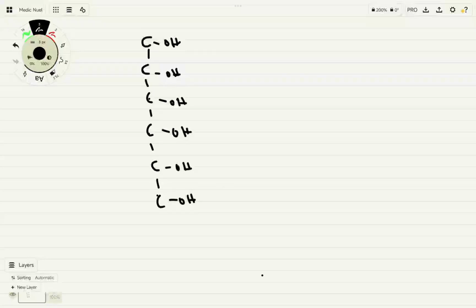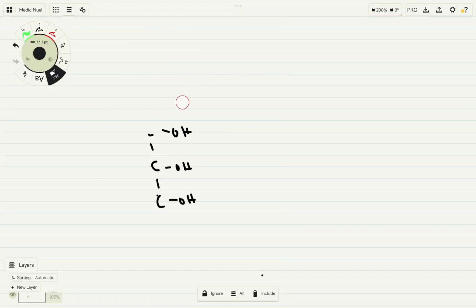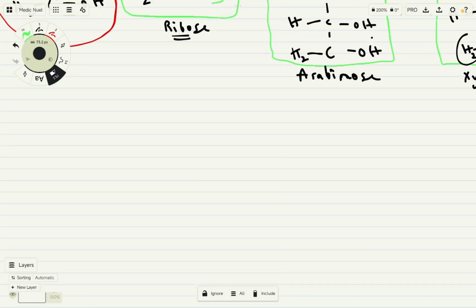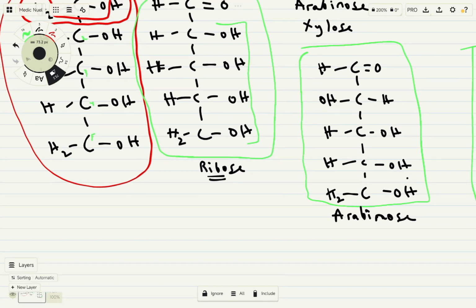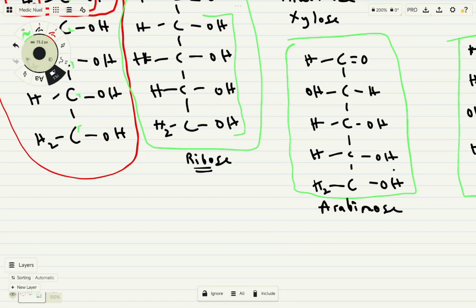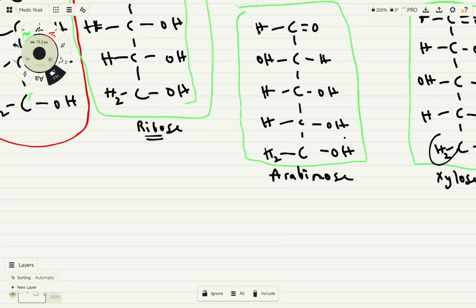Okay, one way to make it easier is that glucose is very easy. Don't stress yourself if you want to draw glucose. All you have to do is just remember xylose. Just remember that xylose and glucose are very related. So just draw the structure of xylose. Glucose is basically xylose.